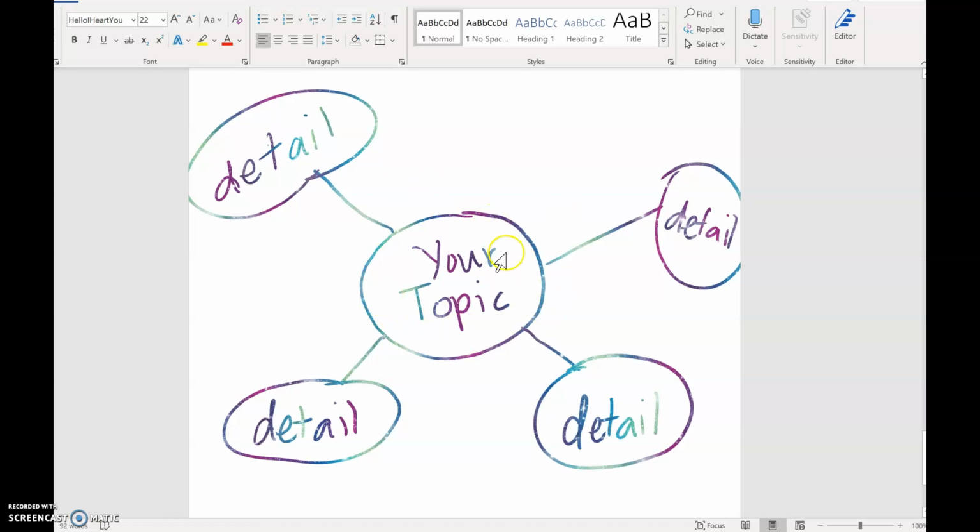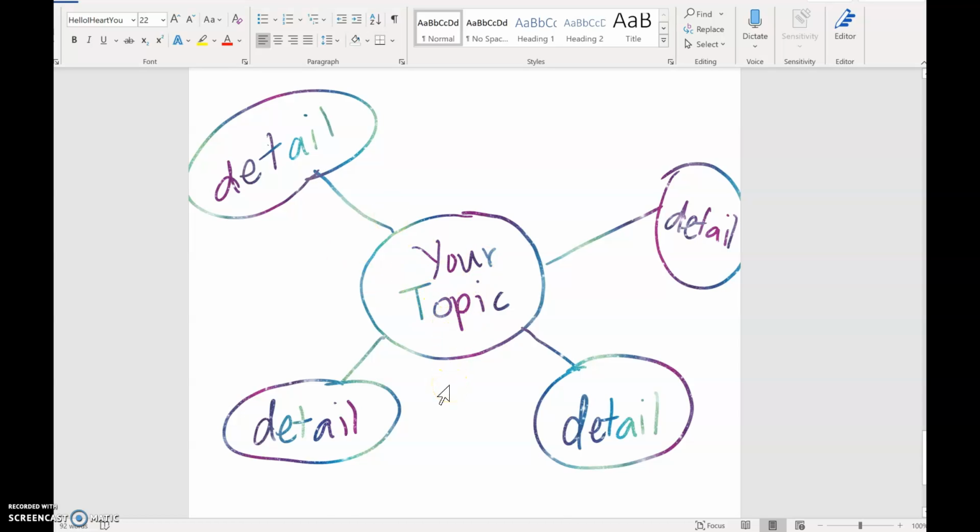So I can put when Ty got hurt as my topic. And then as my details, those are the circles on the outside, I can put things like he fell, he hit a CD player, he didn't cry at all, so we didn't even know he was hurt, and now he still has a scar. So those are all details for the topic that I'm talking about.